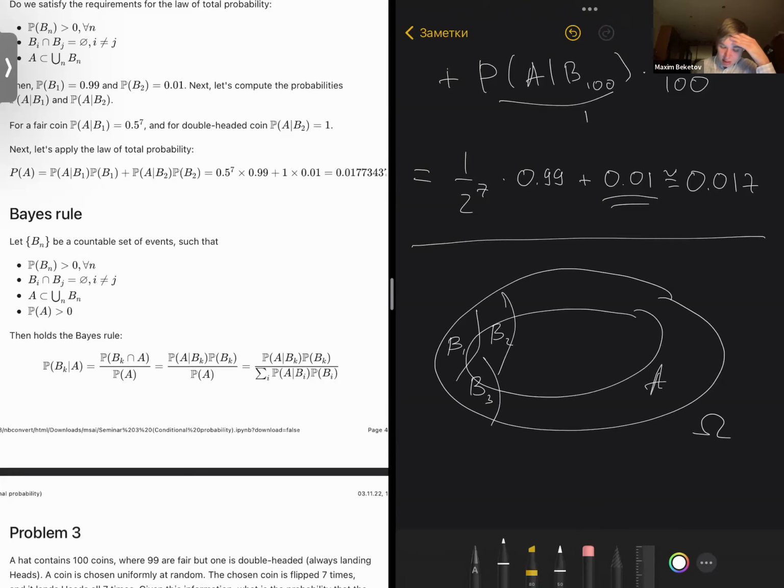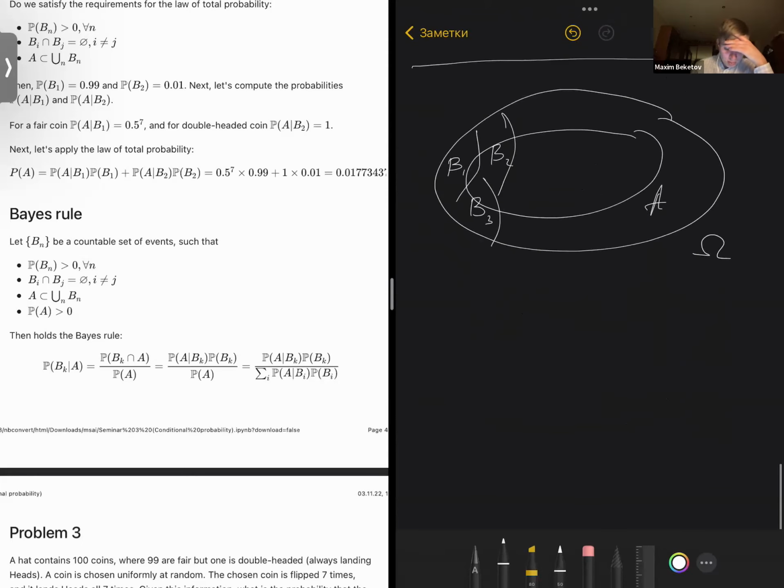So what can we say? We said something about the probability of A. The law of total probability tells us that the probability of the whole A is the sum of products of conditional probabilities of A given a certain B times the probability of that certain B. Now we can write it the other way.